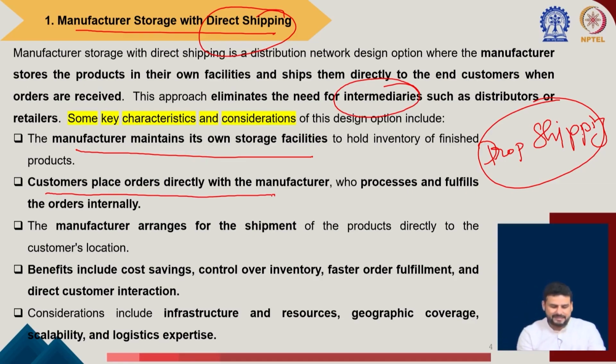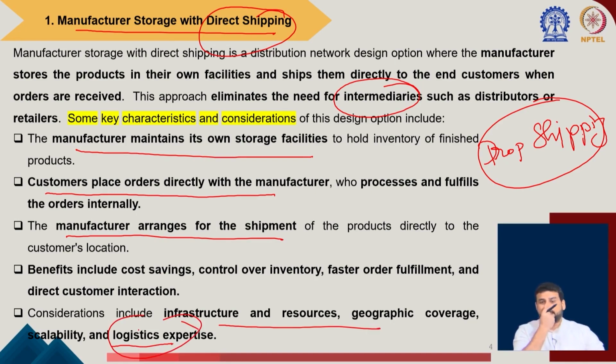Having said that, you have to arrange the shipment. Arranging shipment requires all that infrastructure where you need logistics expertise, and then you will set up your own distribution network, right.